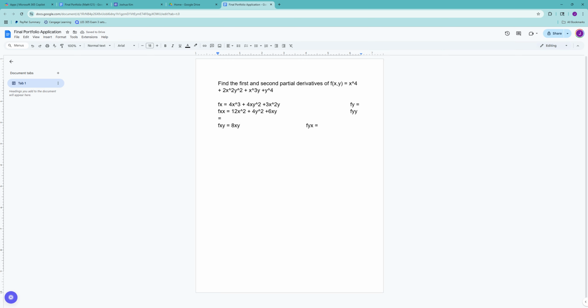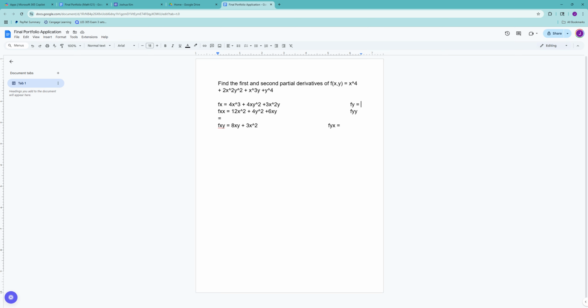Since we have y squared, we would multiply by the 2, and since it is attached to 4x, we would multiply the exponent by the coefficient in front of everything, which would be 2 times 4, which would make it 8xy. And for the second portion, it would just be 3x squared, because the derivative of y when it's attached to 3x squared is just 1, which would just make it 3x squared.